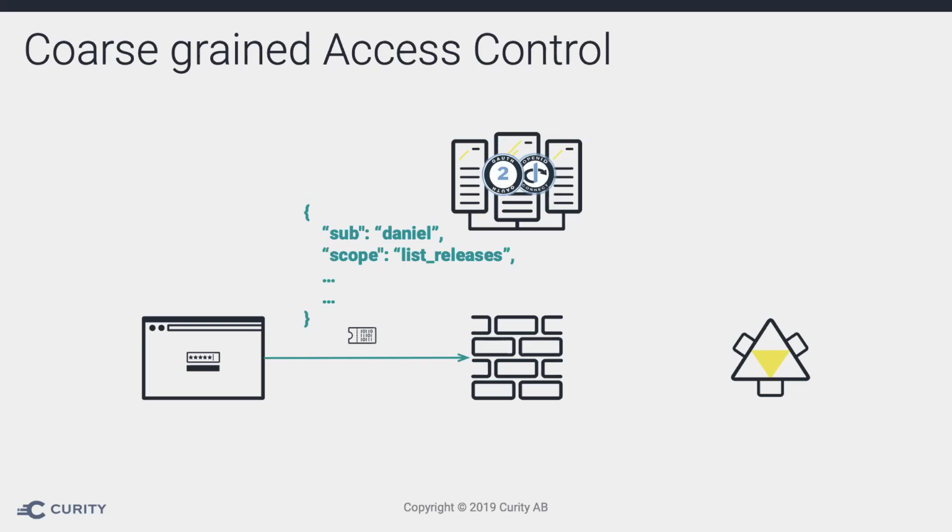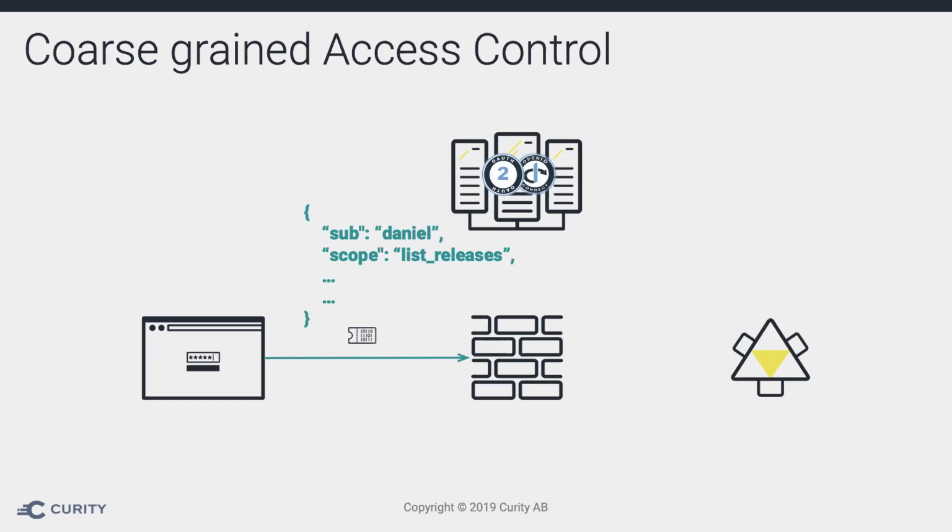The further down the line we go, we can do much finer-grained access control. Finally, when we get to the actual data, we should have access to the full policy, when we know exactly what is going to be the result of this request. There we can do the last bit of the authorization decision.